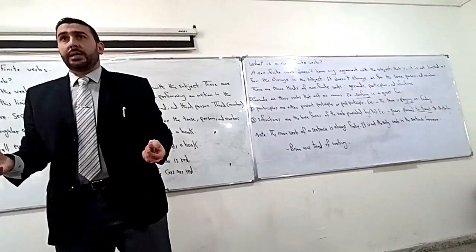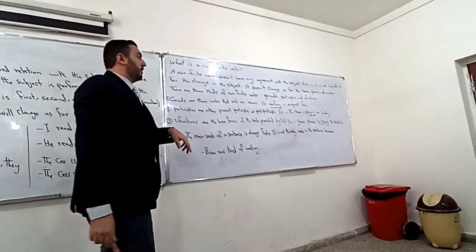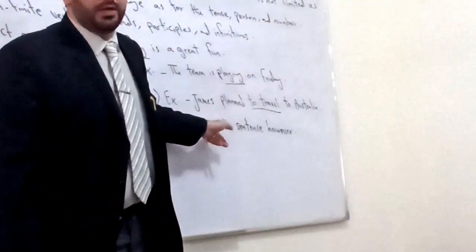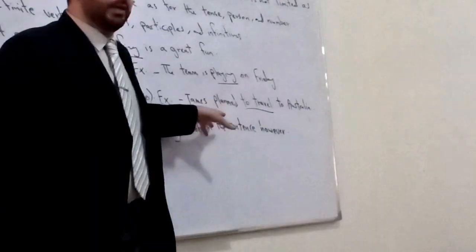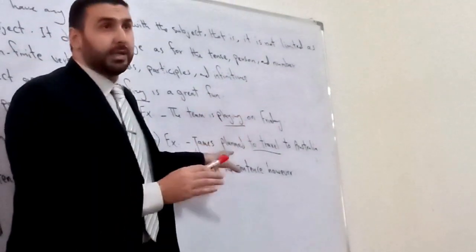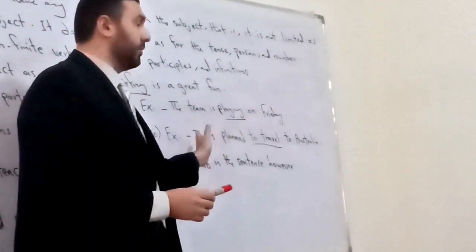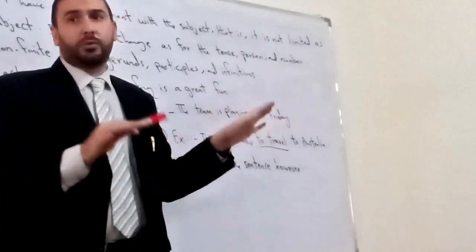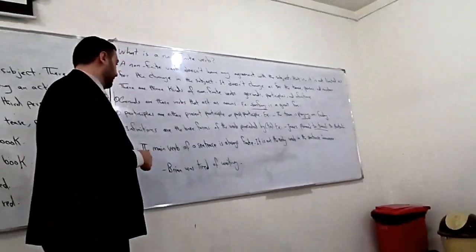Why is it non-finite? Because even if we change the subject into plural, or even if we change the tense, it remains the same. If we say the boys are planning to travel, to travel remains to travel, whatever the tense or the subject was.